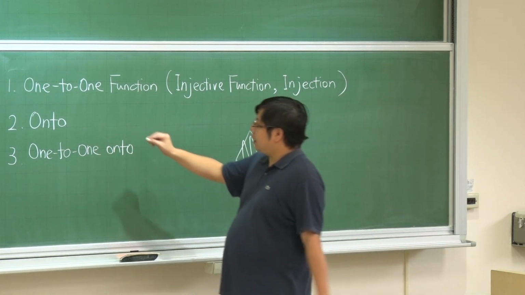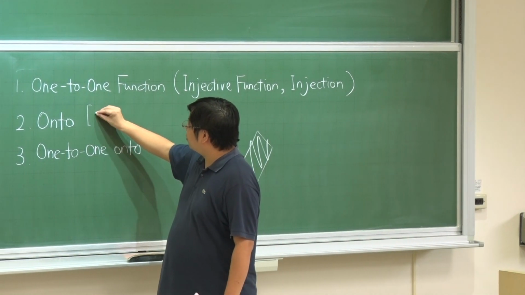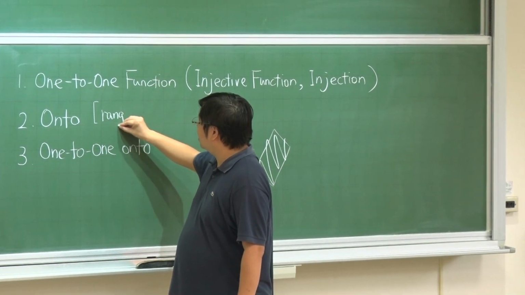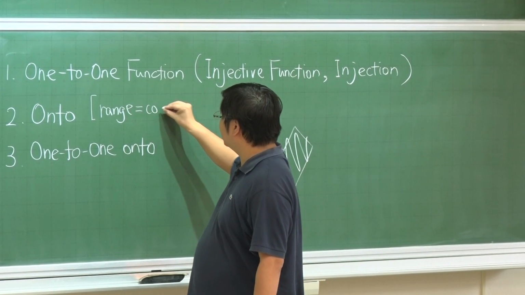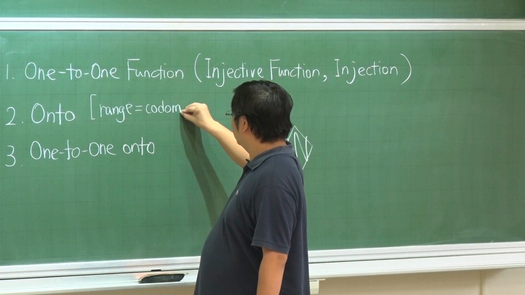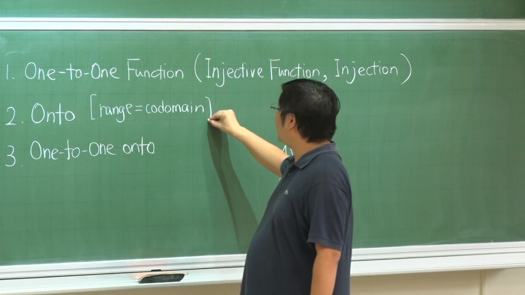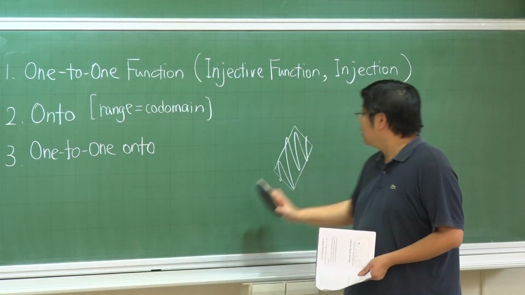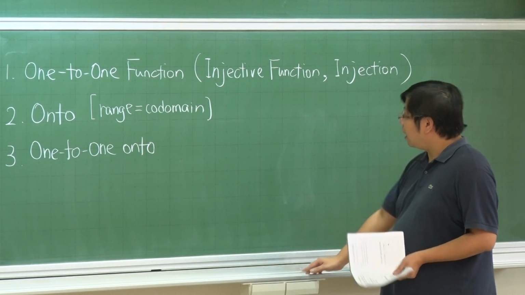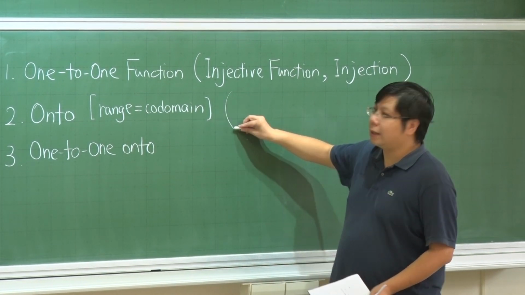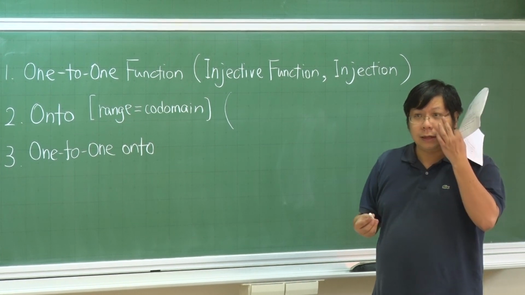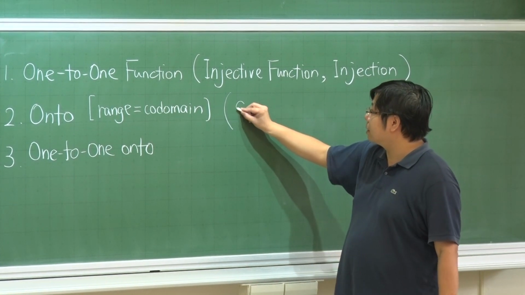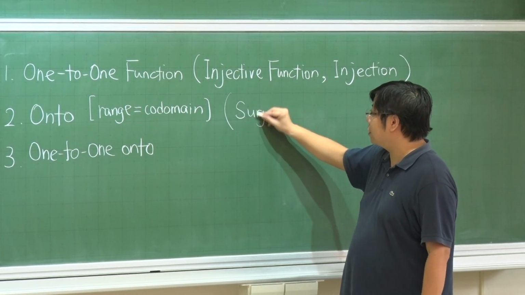So an onto function is a case where the range turns out to be equal to the codomain. And this is onto. So nothing is wasted in the codomain. And for this one, onto function, it also has a different name. Sometimes we call it a surjective function.